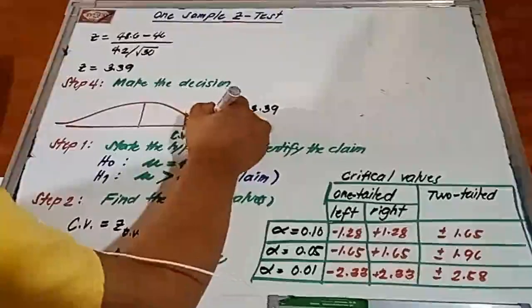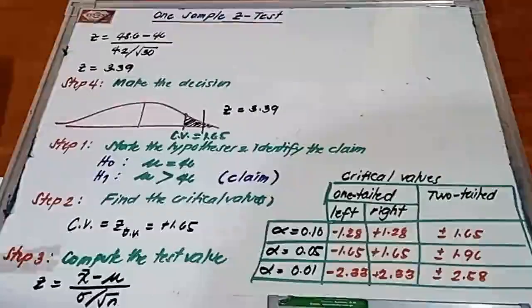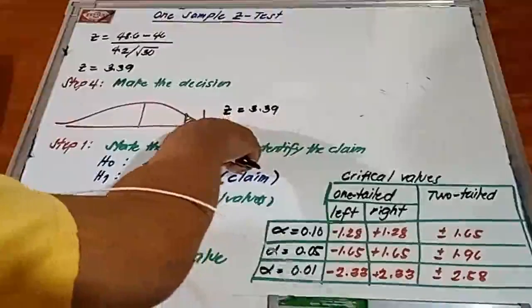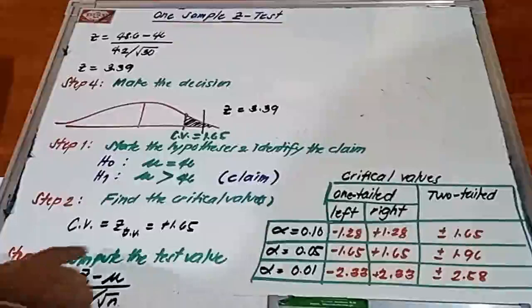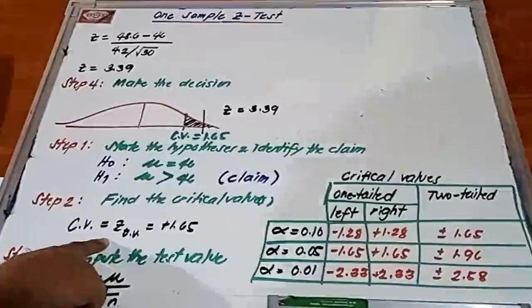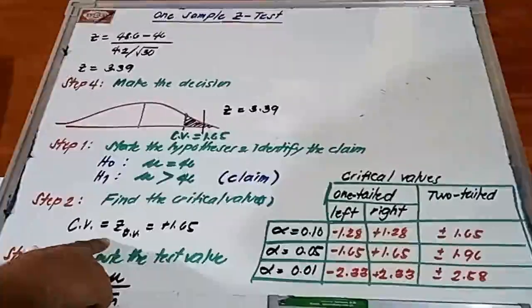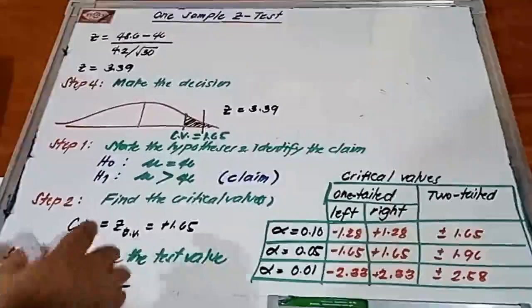Okay? So, mapapansin natin, yung ating 3.39, which is the computed z-value, is greater than our tabular value of z, which is 1.65. What is our decision? Our decision is reject the null. Okay?